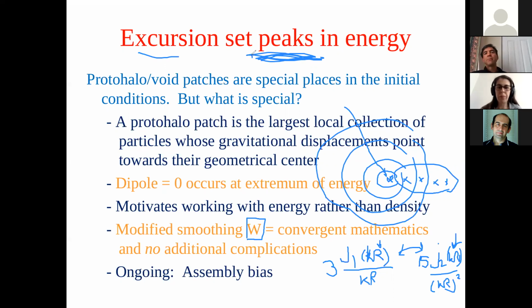It's a weird step. It was a step that Dick Bond made in 1988 before the excursion set paper of 1991. Right. And people just sort of forgot it. Once the excursion set paper came out, they stopped working on this excursion set peaks. But I really think the excursion set peaks is the nicer way. Right.